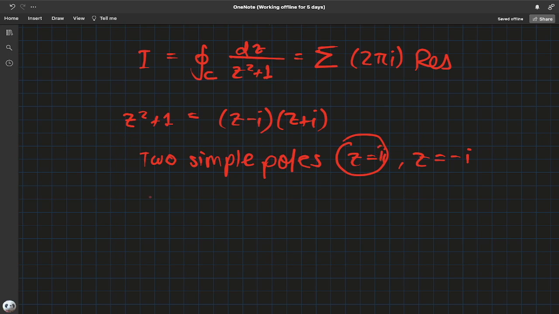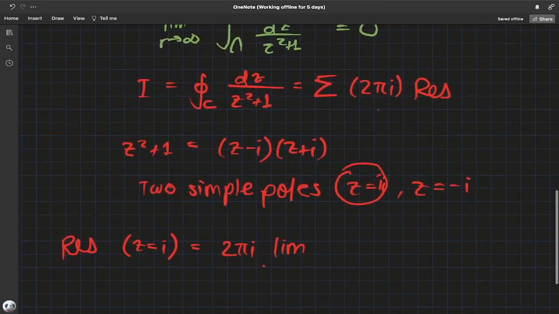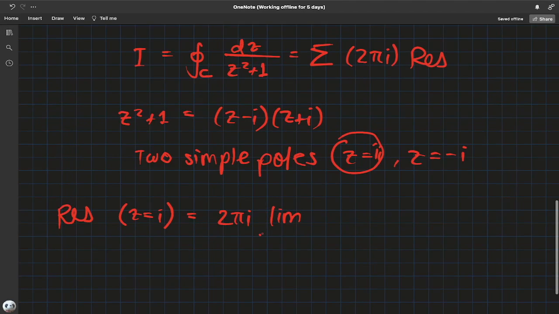Since this is a simple pole, the residue at z equals i is computed as follows. I'm taking the 2 pi i from this over here, times the limit as z goes to i of z minus i times the function, which is 1 over z squared plus 1.